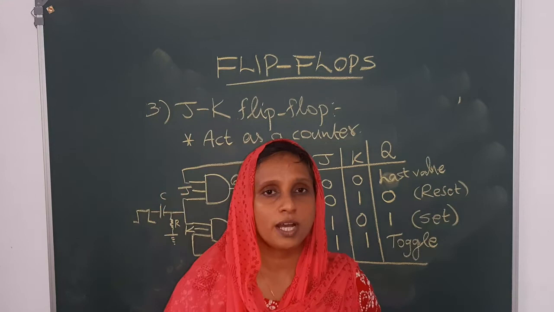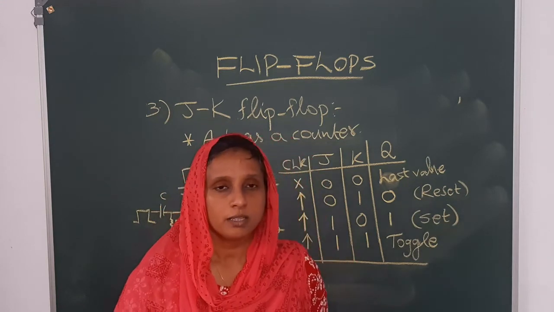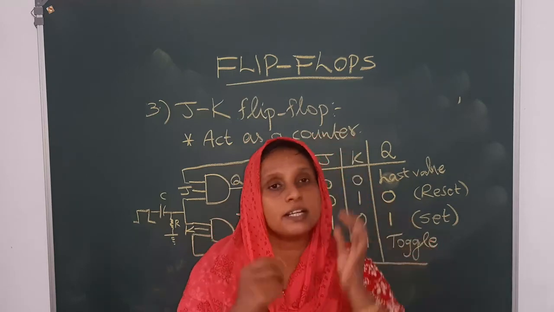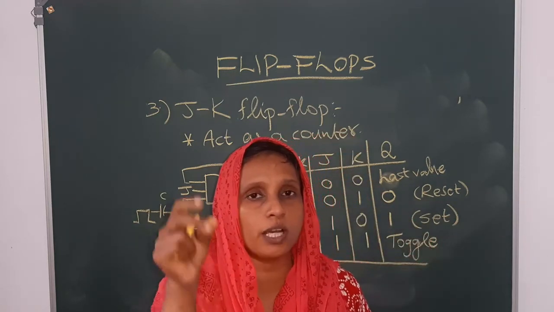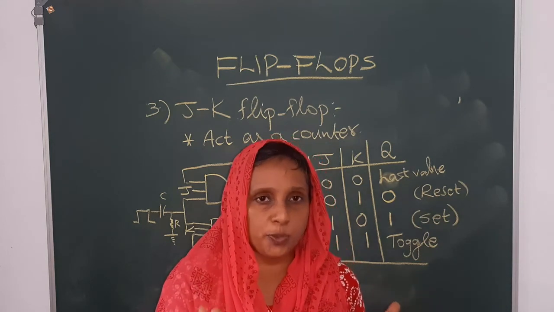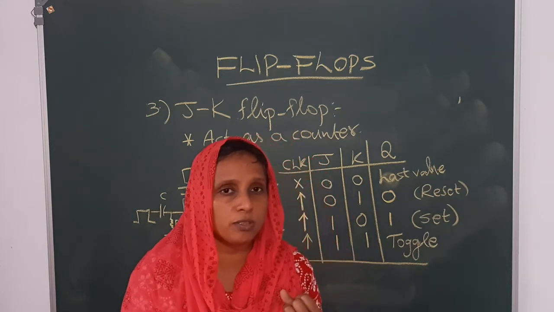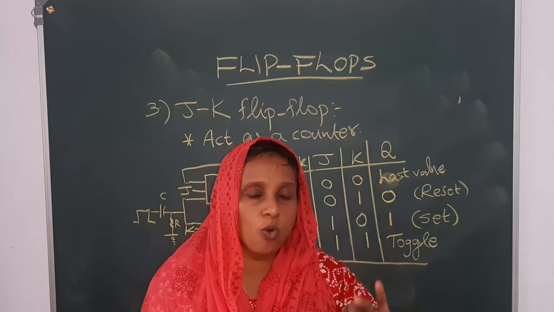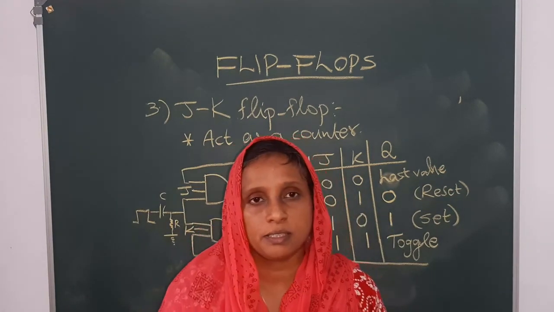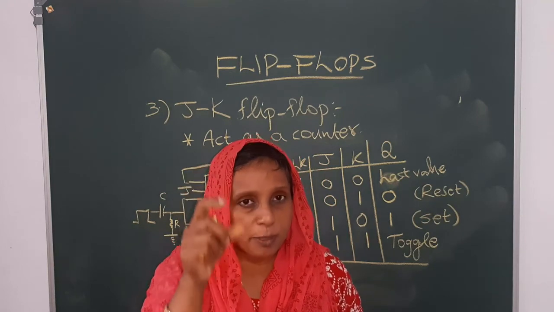So I think now I can wind up the things about flip-flop. We learned this as a memory device because it can store a binary bit. So we can model this using a switch. A switch has only two states, either on or off, so a switch is called a bistable device. A switch has memory.